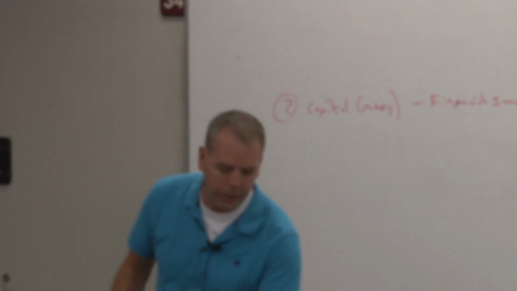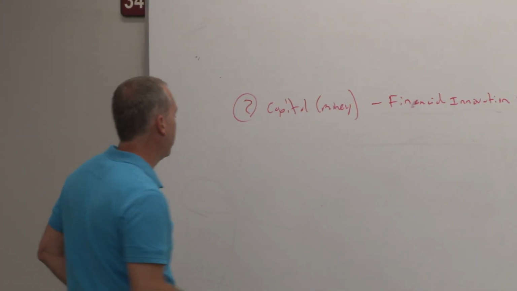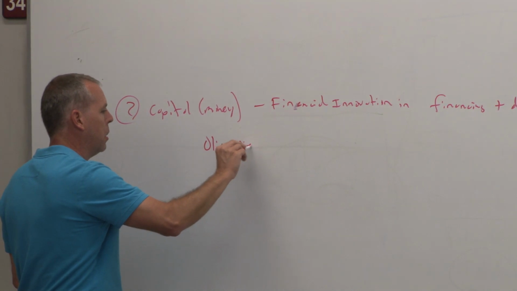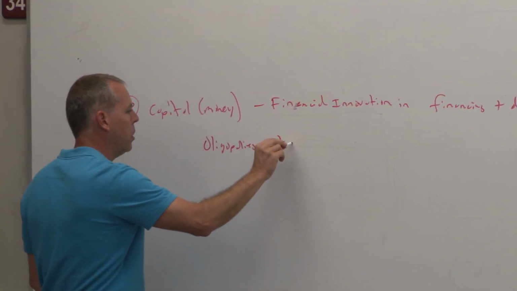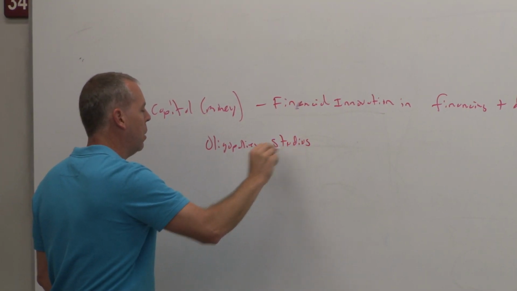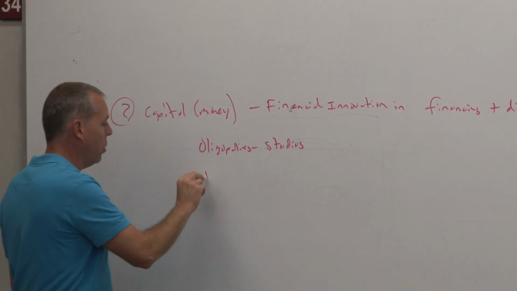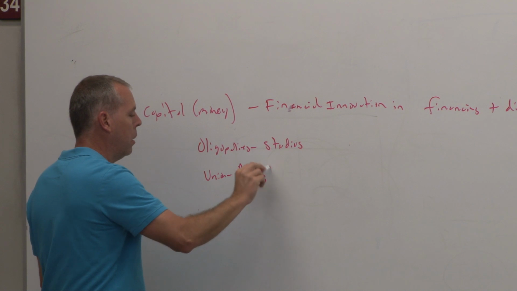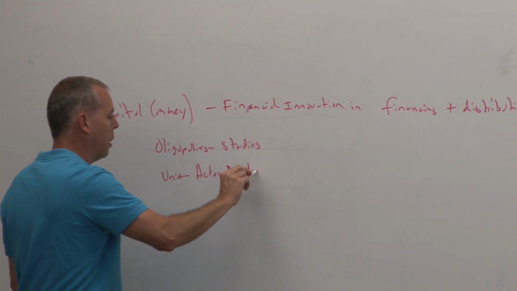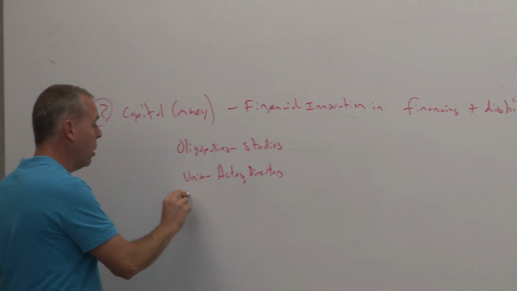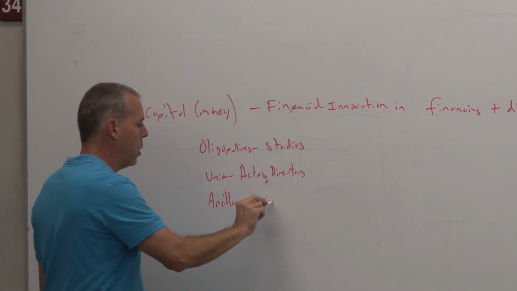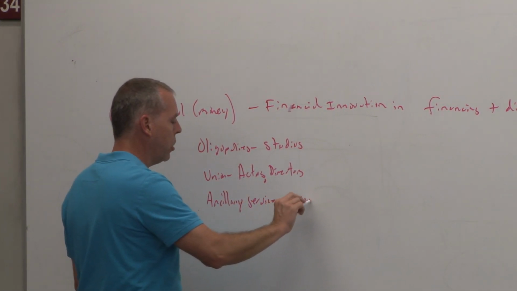Right. In essence, what you have here is a bunch of oligopolies. These are the studios dealing with, in essence, the unions. These are the actors and directors. And then you've got the ancillary services, which tend to be monopolistically competitive.